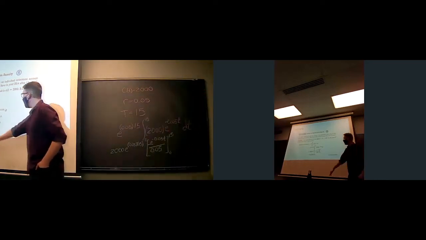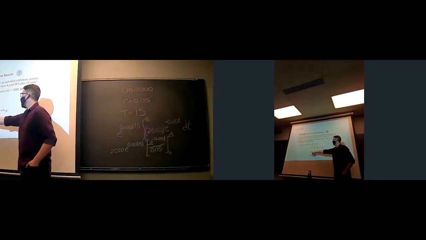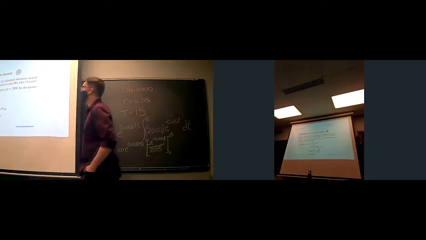So approximately. And the reason why it's going to be an approximate solution is because e is a non-repeating, non-terminating decimal. So you're going to get a huge long decimal on the back end of that. Make sense?